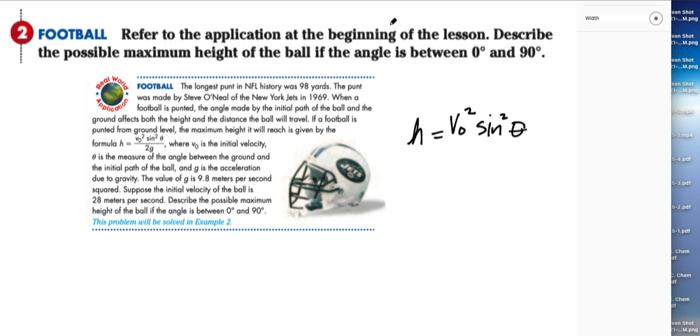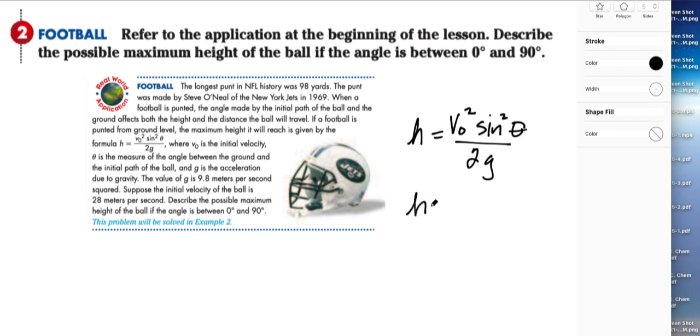Okay, so V naught squared times sine squared over 2 times G, where G is the force of gravity. In this case, we're talking about meters per second squared. So I'm just going to plug in the information, and so we were given that 28 meters per second is a possible initial velocity. The sine, we're not quite sure what the angle is. We'll deal with that in just a second.